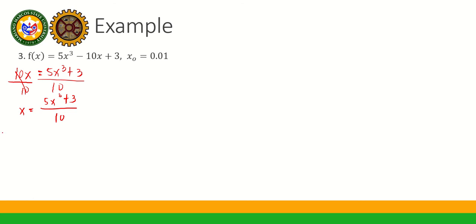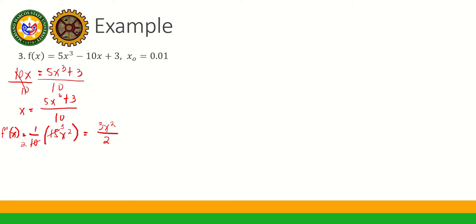Now, for convergence, for the condition, we check if the first derivative of our function is less than 1. So what is the derivative of our function? That is equal to 1 over 10 times 15x squared. And this is equal to, of course, this will cancel. Tapos magiging 2. That is 3x squared all over 2.